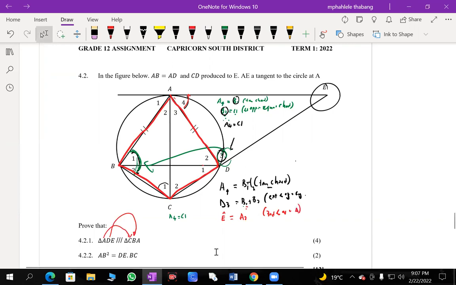Therefore, ADE is similar to CBA. You prove similarity through angles by checking for equal angles.